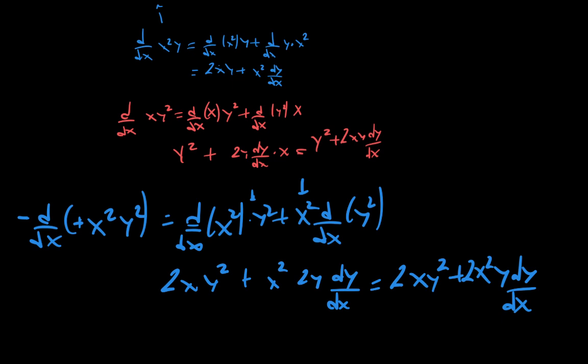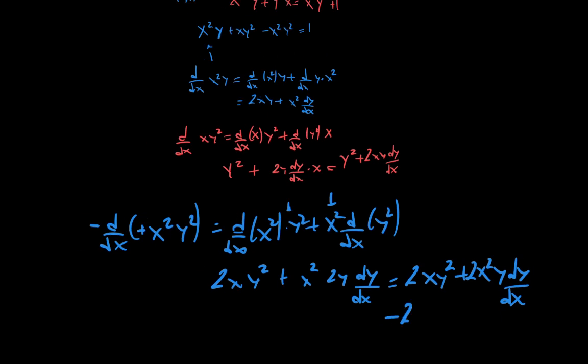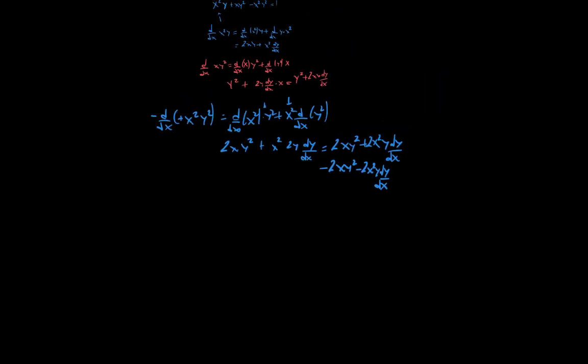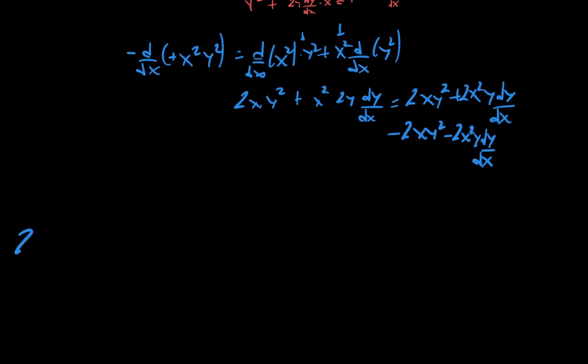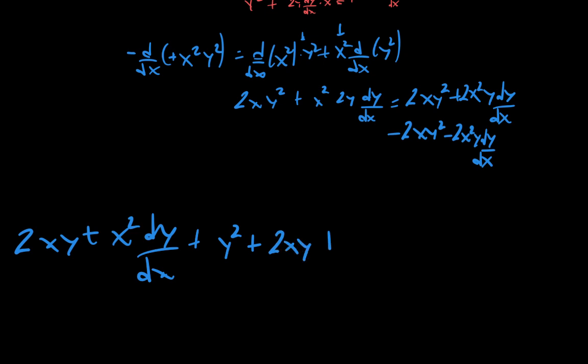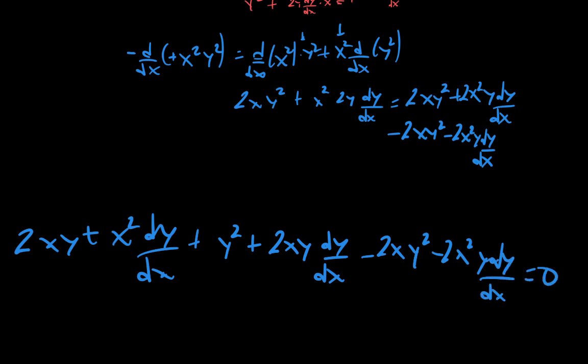And of course, because it's negative, 2xy squared minus 2x squared y dy/dx. We can write it into one equation: 2xy plus x squared dy/dx plus y squared plus 2xy dy/dx minus 2x y squared minus 2x squared y dy/dx is equal to 0.